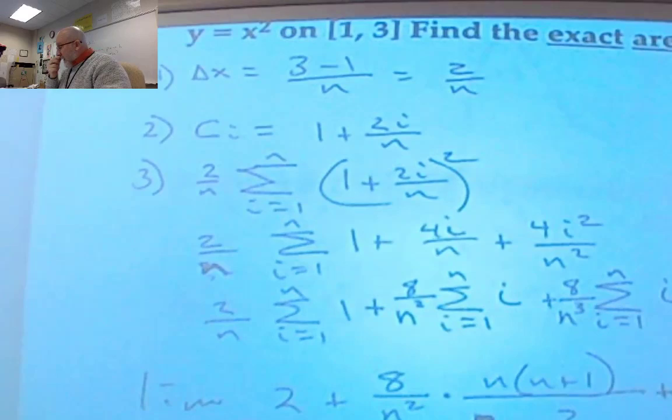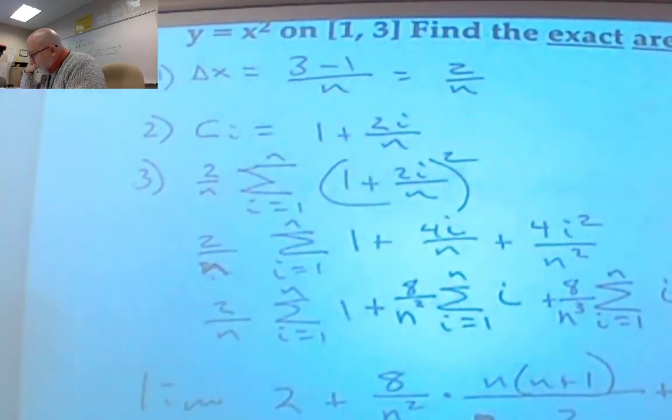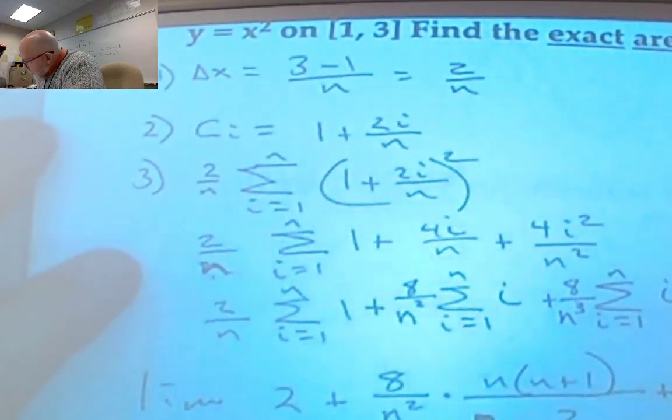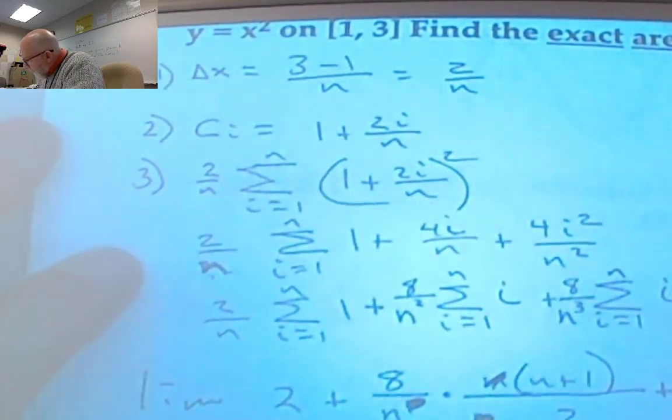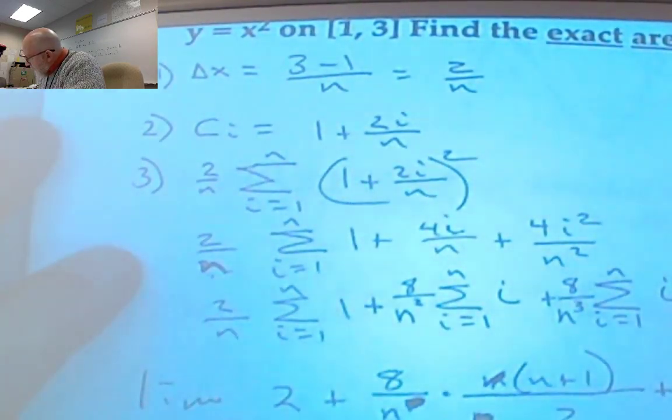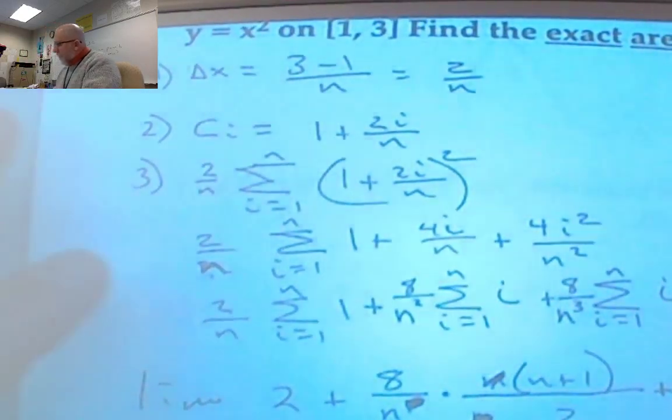Abby, can you take the limit as it is, or you want me to simplify? Okay. This n will simplify with that n down there. There's a 3, and that'll be a 4. And this n and that become an n squared. Did that help?